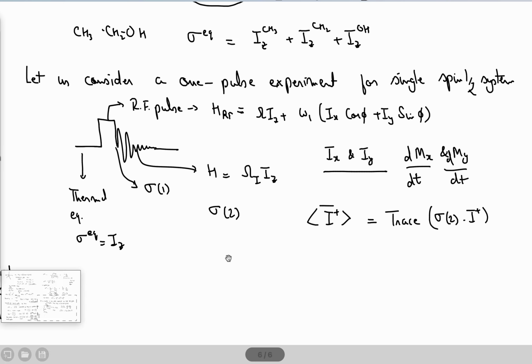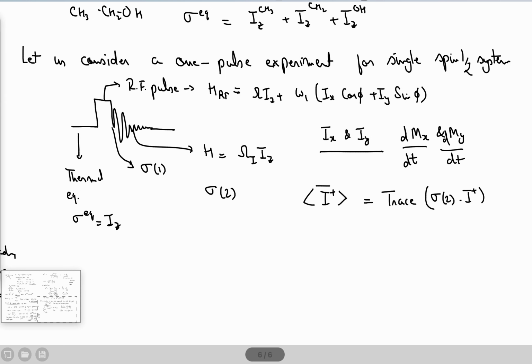Now let us start with sigma EQ. I will not do the complete calculation because now you are all aware of the solution of the Liouville-von Neumann equation and how to apply the BCH formula. So let us do a shortcut calculation.